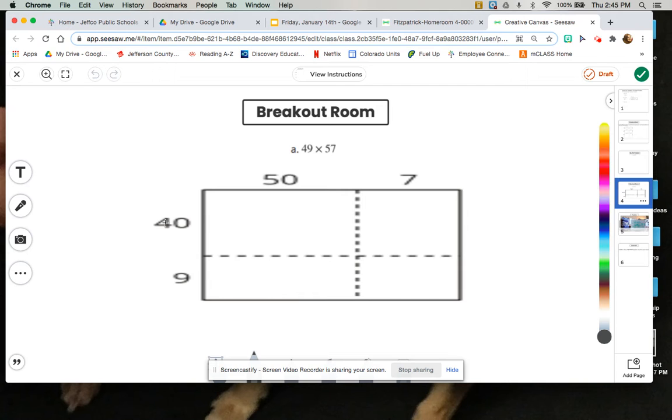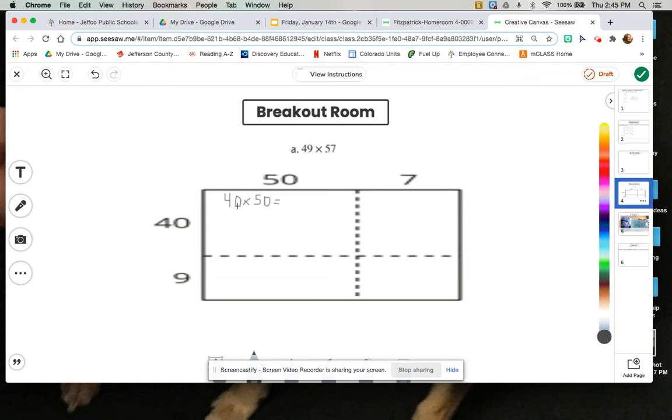So students are going to do 40 times 50 in this first box. And again, 40 times 50 is really hard to do. So I have taught students and they all know how to multiply by tens, so multiply using their place value.